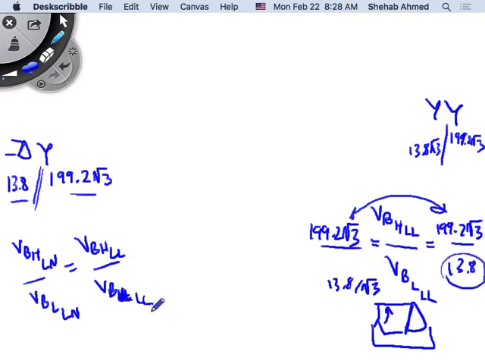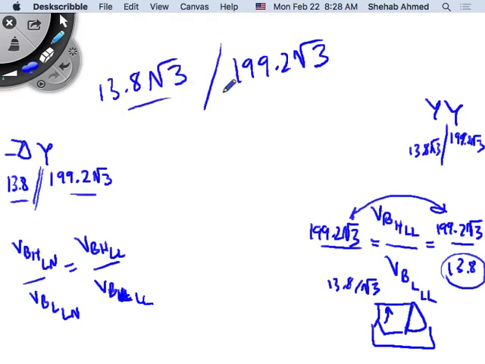For example, in the star-star case I had 199.2 square root of 3 as my terminal voltage on the high voltage side, and 13.8 square root of 3 on the low voltage side. So the ratio of the bases, V base high over V base low, line to line, is equal to the ratio of the terminal voltages.